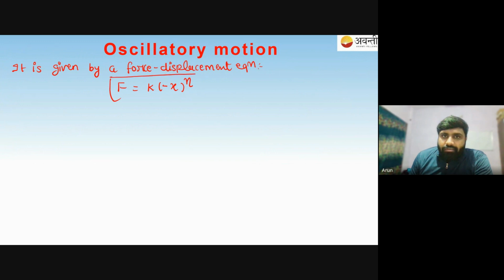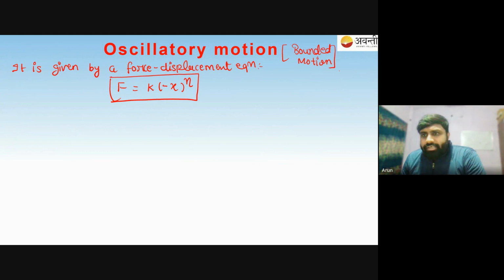So this is the governing equation of oscillatory motion. And what is oscillatory motion? Bounded motion. Got it? Now, this is the oscillatory motion given by this governing equation.